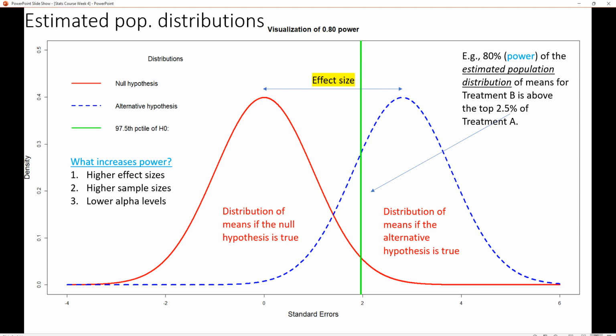So if it turns out there is no effect in your intervention group and your performance is similar to the null hypothesis or the traditional form of care, then that's what this distribution will look like.